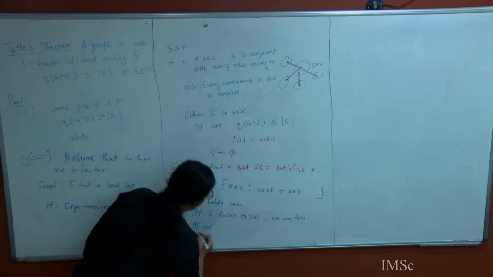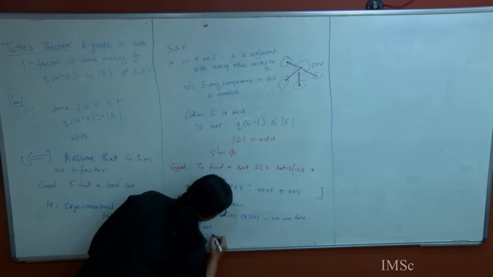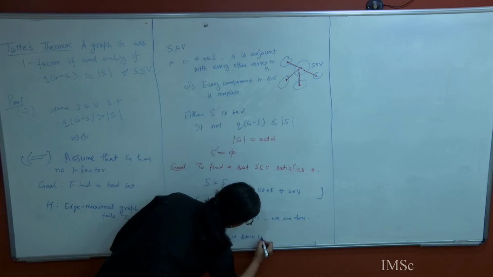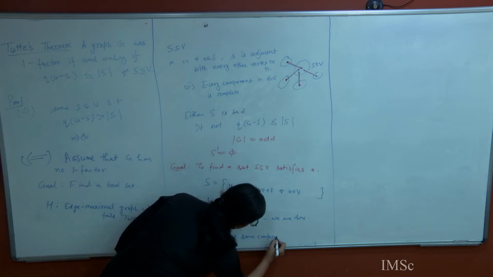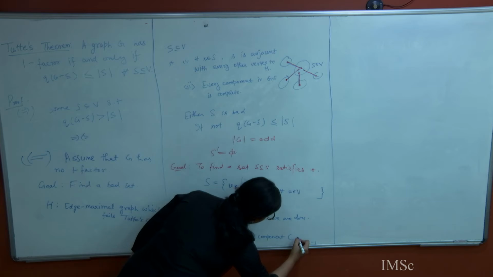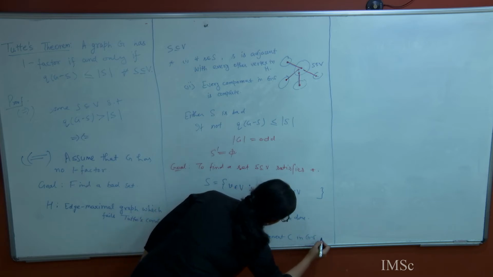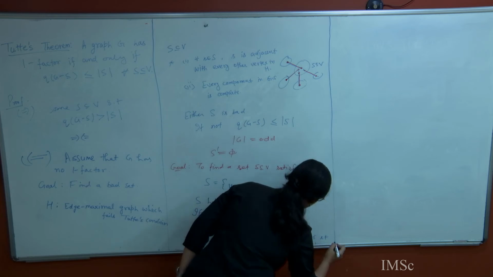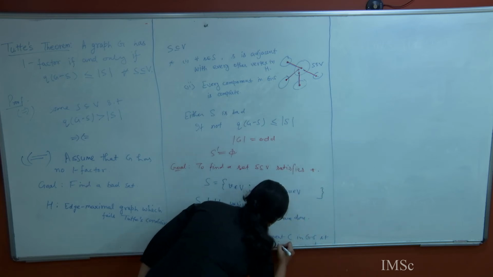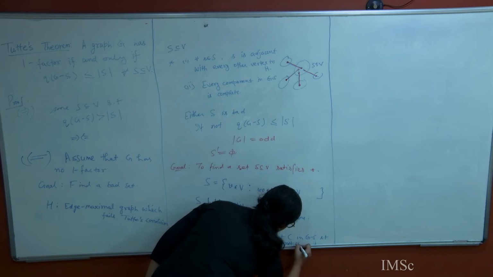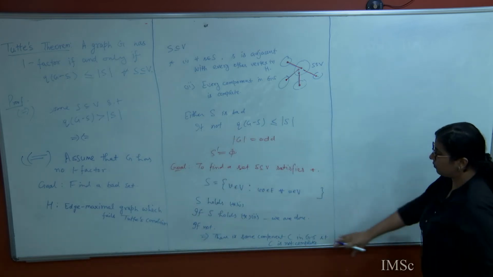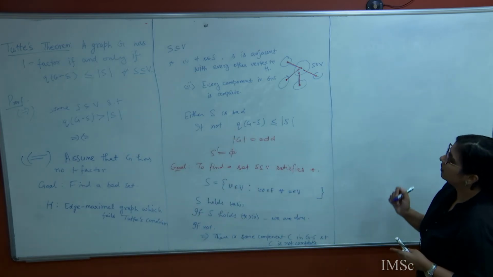So it implies that there is some component C in G minus S such that C is not complete. Okay, so I found some component which is not complete.